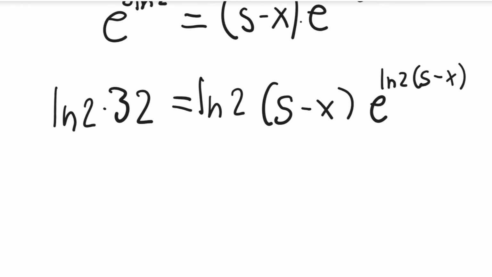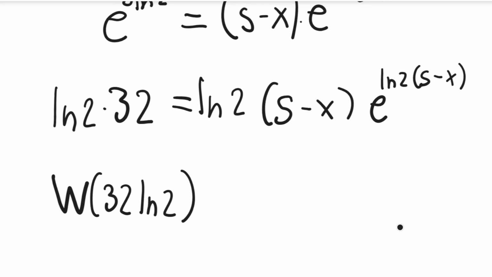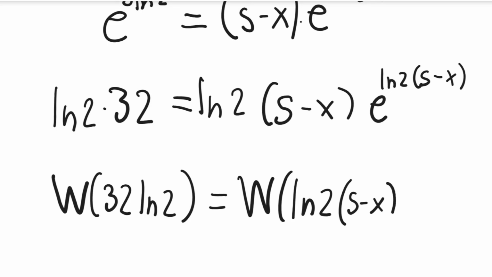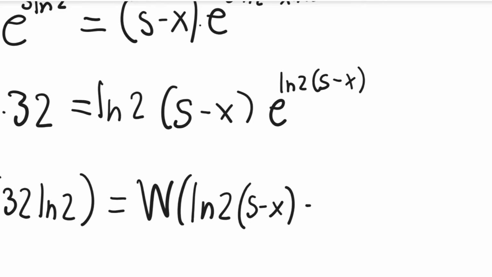So if we get omega on both sides, we are going to get omega of, actually I want to put the 32 before natural logarithm of 2, is equal to omega of natural logarithm of 2 times 5 minus x times e to natural logarithm of 2 times 5 minus x.